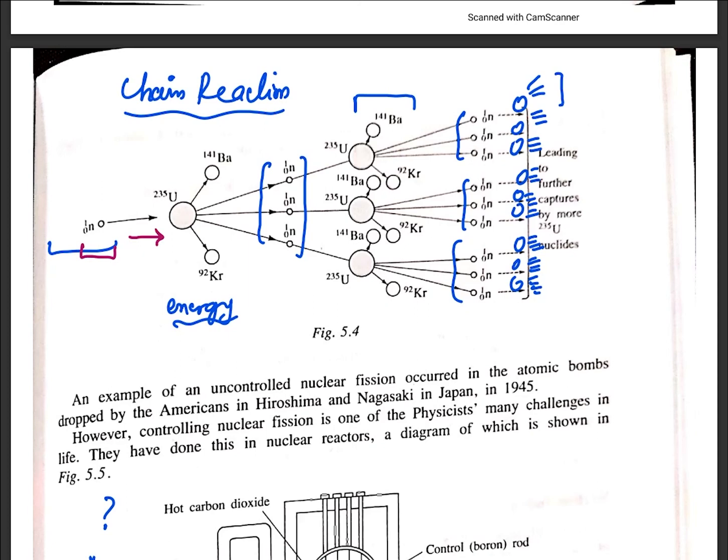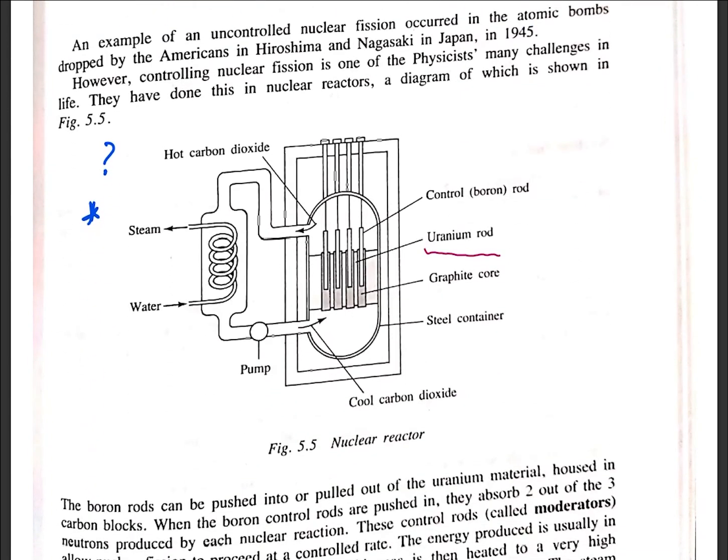The reaction eventually gets very high, or you can say that the rate of reaction increases exponentially, and eventually it starts producing a lot of energy. So we extract that energy from uranium, purely in the form of heat energy.